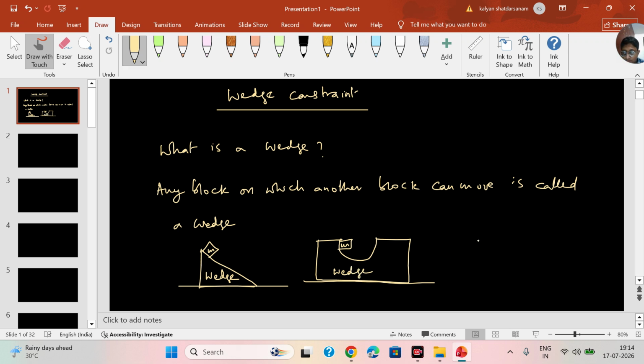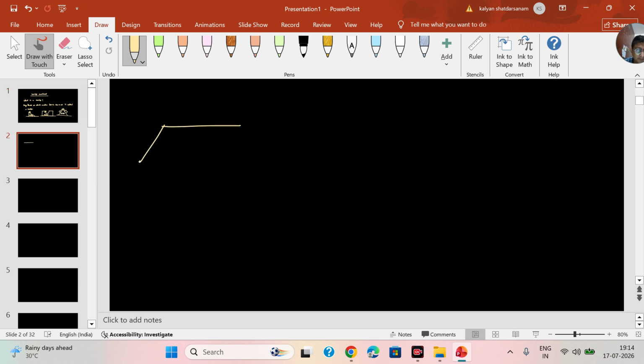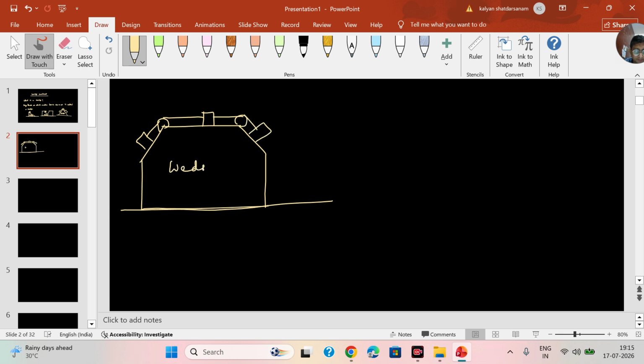Or I can have something like this, where I can have one block here and there is a pulley and another block. So this is a wedge. Or I can have something like this. So this is a wedge. In its simplest case, I can just have a block and another block, and I could call this wedge, nothing wrong.